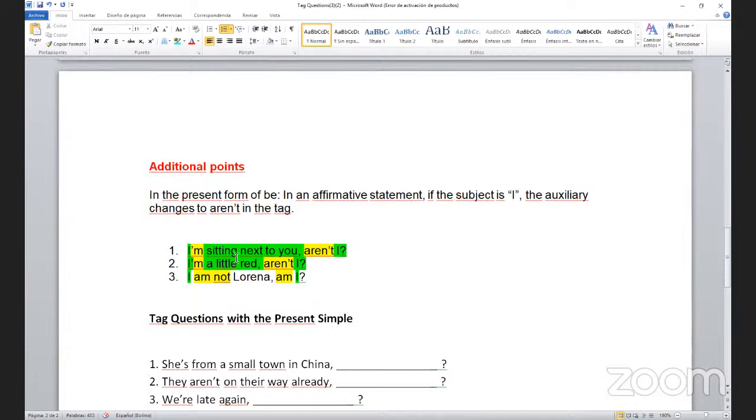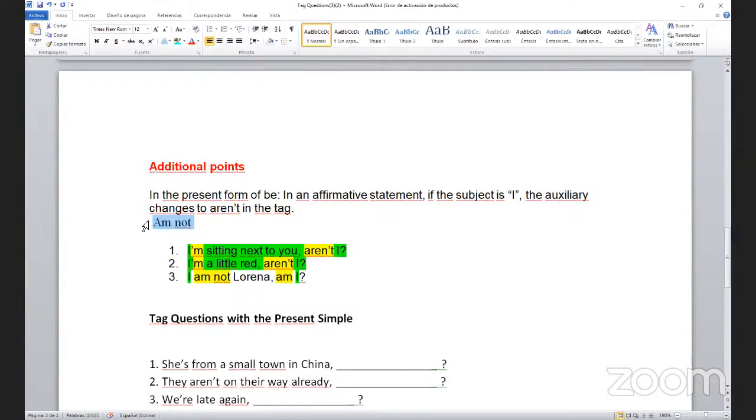I am sitting next to you. Let's remember that when we use the verb to be, we can contract the subject and the verb to be. But can I do this with not? Do we have contraction for these two?